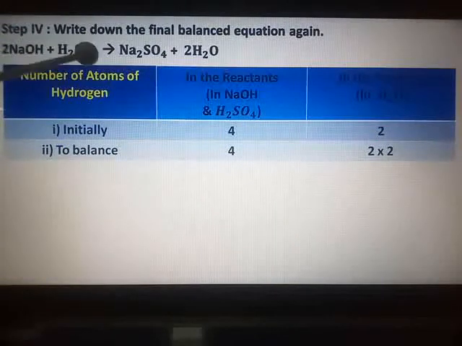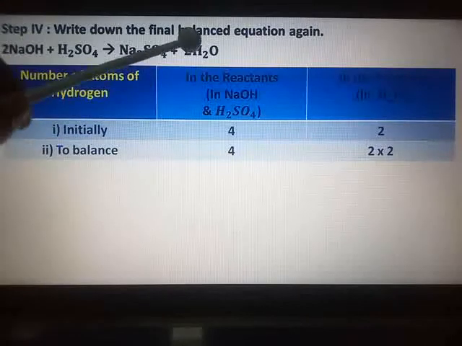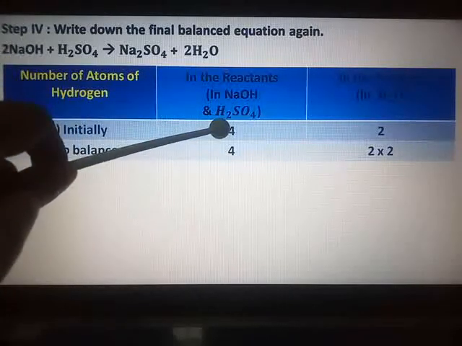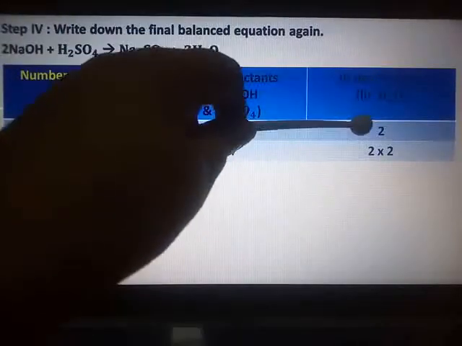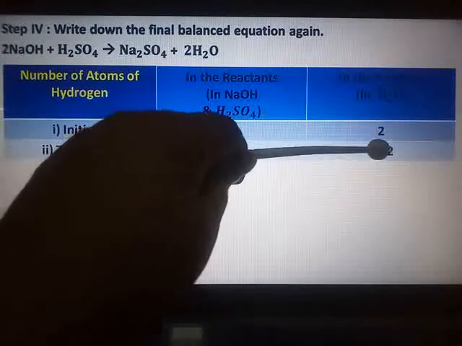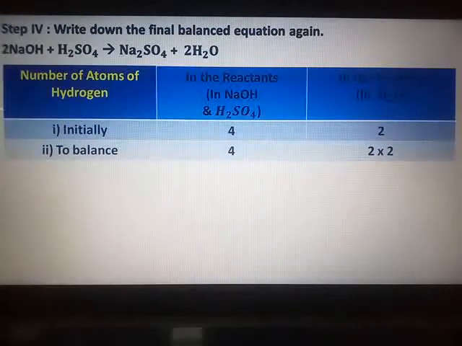So the number of atoms of hydrogen: in the reactants, in NaOH and H2SO4, hydrogen is 4. In the products, in water, hydrogen is 2. If you want to make this 4, you have to multiply by 2 and then write the final equation: 2NaOH plus H2SO4.